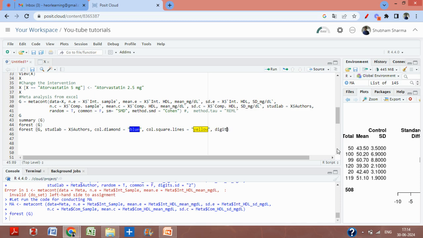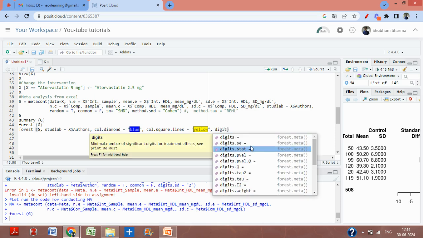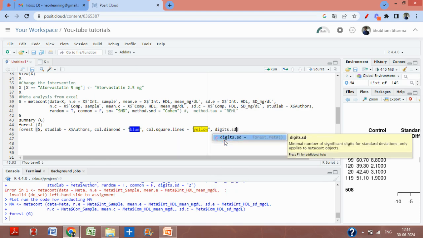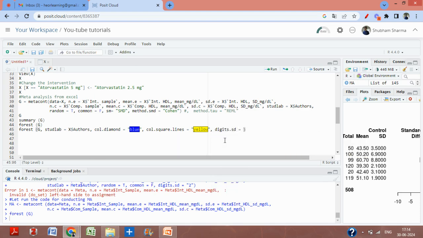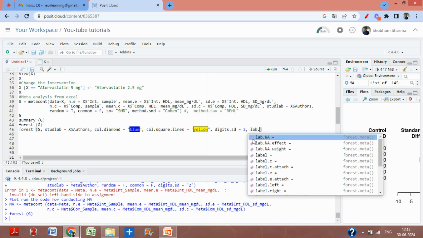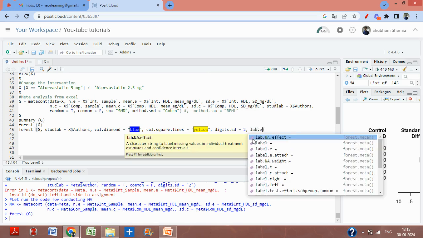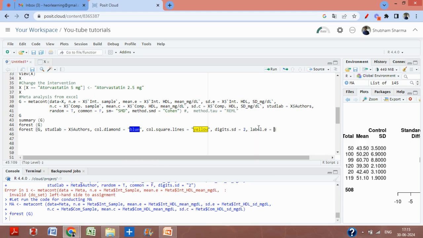So we need to write digits.sd equal to two. Okay, yeah, it was label. So it could be label.e and label.c. So what we're going to do is name it.